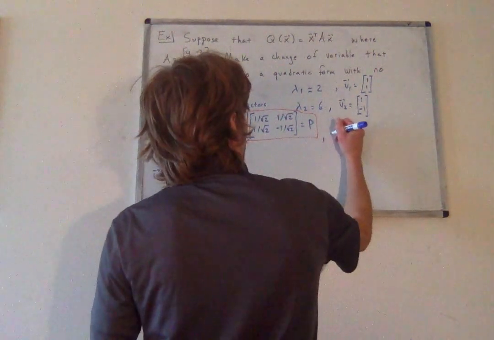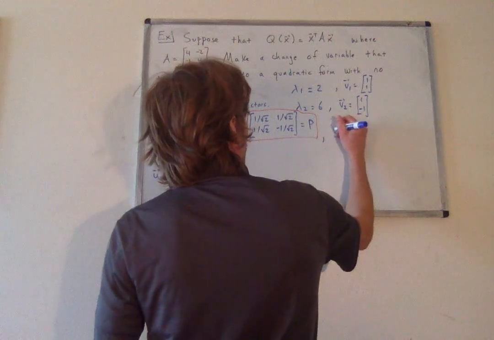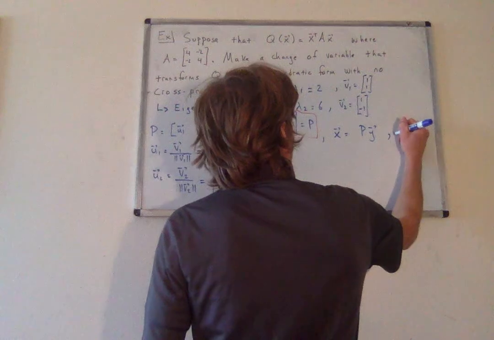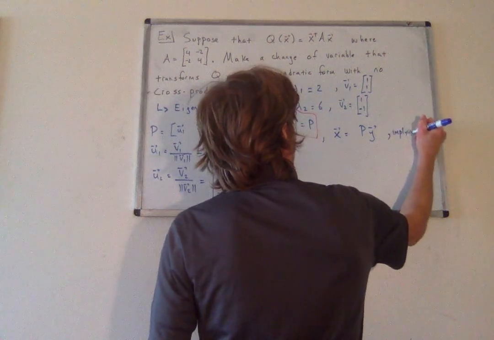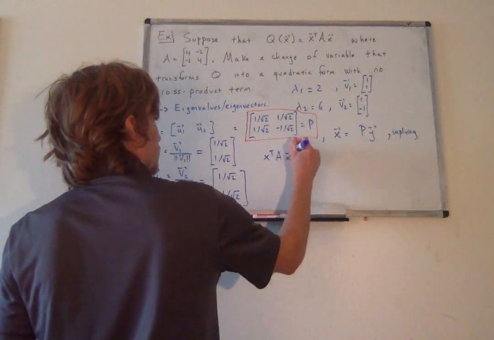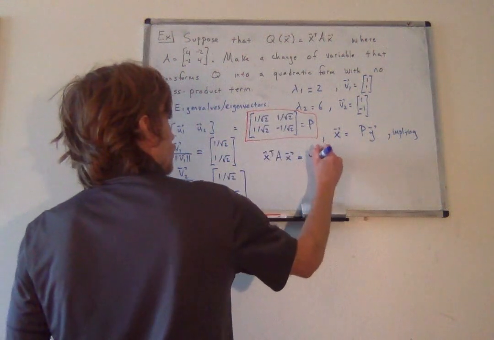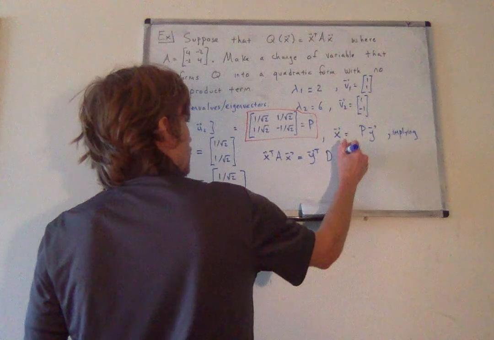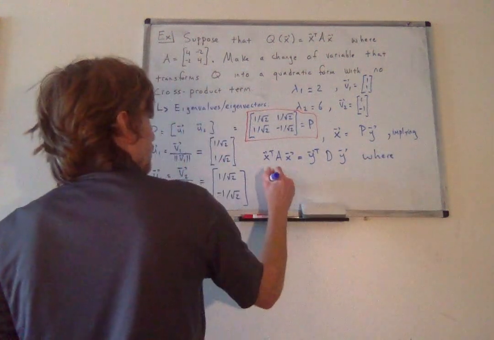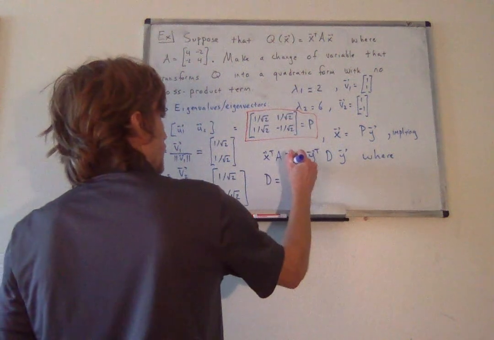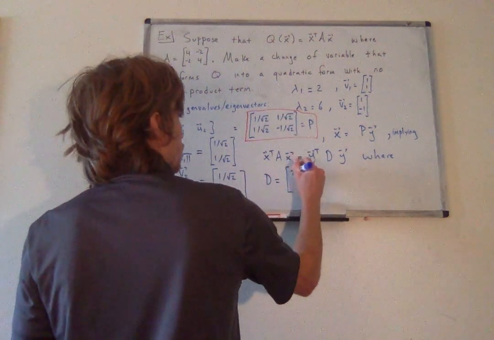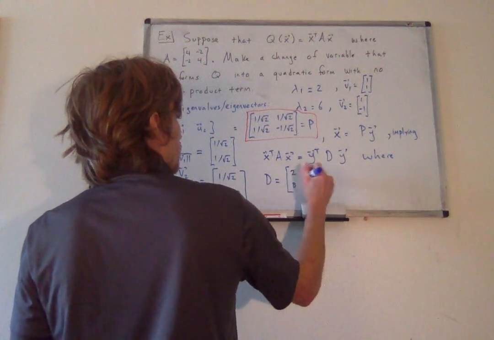And so then the change of variable, we let x equal P times y, implying that x transpose A x is equal to y transpose D times y, where D is the diagonal matrix whose entries are the eigenvalues of A, so [2, 0; 0, 6].